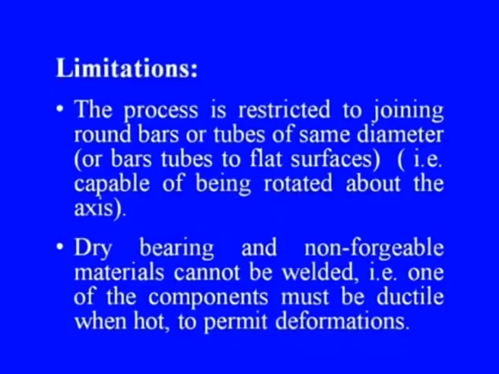Dry bearing and non-forgeable materials cannot be welded. That is, one of the components must be ductile when hot to permit deformations. This is a kind of prerequisite. One should be ductile, so that there will be material flow that will take place once we soften it, and that will ultimately help in getting them joined.